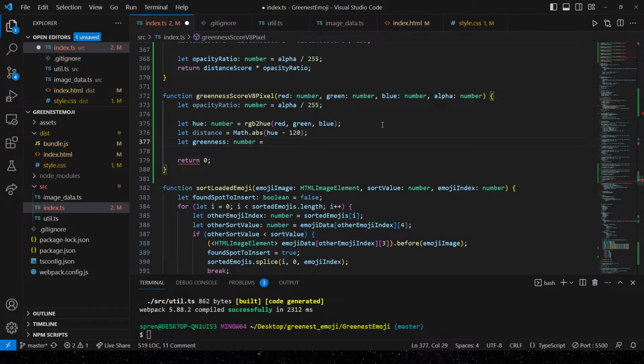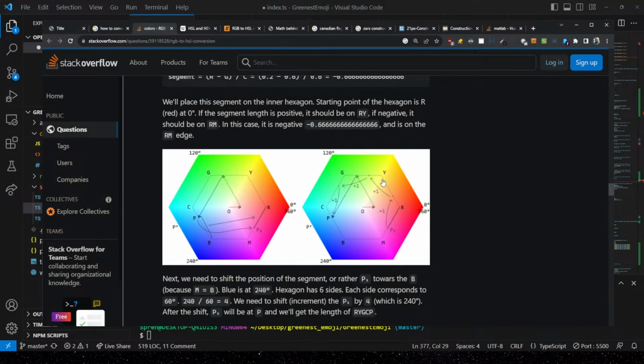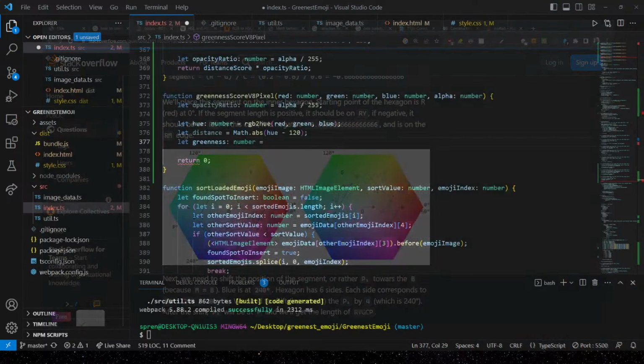And then we could pick some arbitrary number of degrees that we will tolerate. So 60, 120. So this is 60 degrees. So maybe like 50 degrees? 40? 40, 50 degrees.